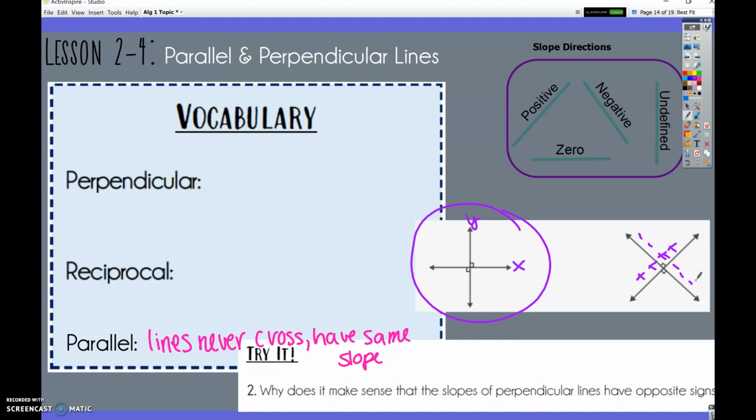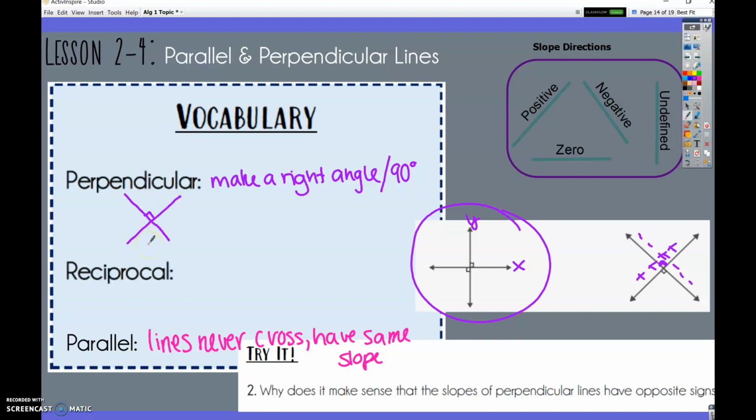We're going to talk about what makes that so special and how do we know if it makes a 90 degree. We call this perpendicular when lines make a right angle. Or we also call a right angle 90 degrees. That's what it means to be perpendicular. So again, an example might be 2 lines like this, where we know they make 90.